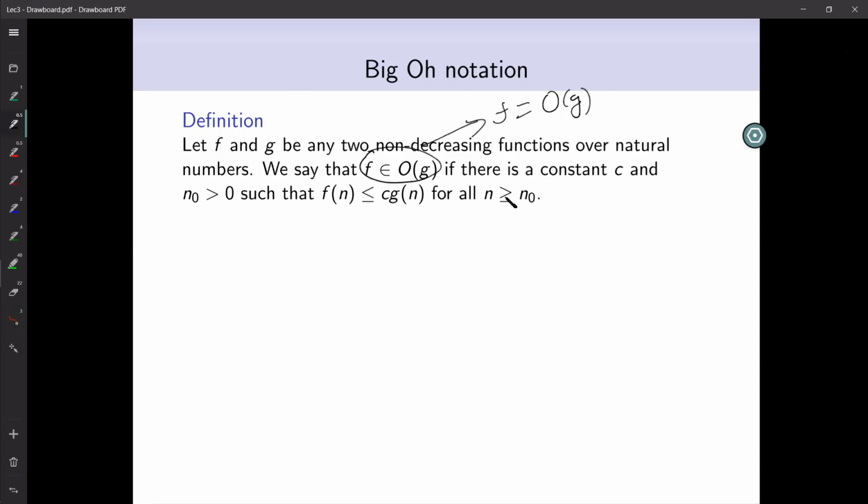I feel comfortable using the in notation because it's mathematically more precise, though it does not really matter. We say that f is order of g if there is a constant c, remember, when I say constant, it should be independent of n, and a constant n0, such that f of n is at most c times g of n for all n greater than n0.